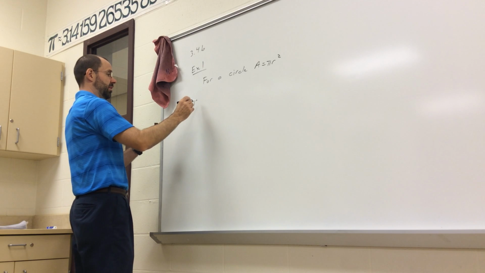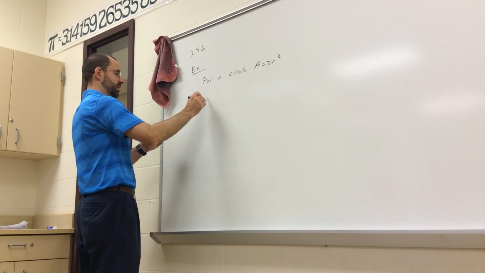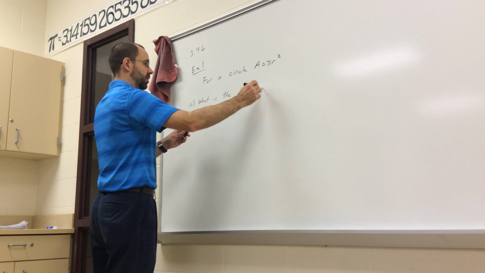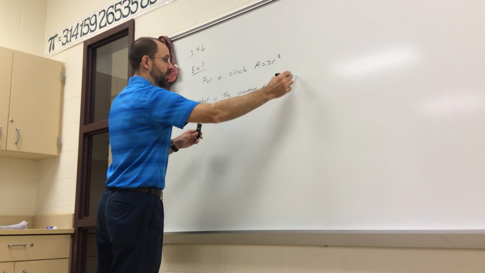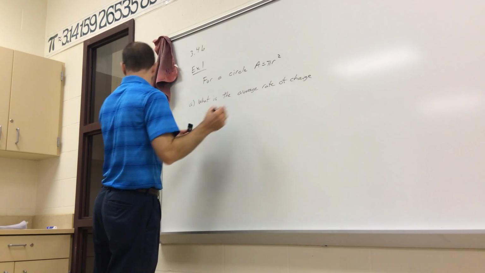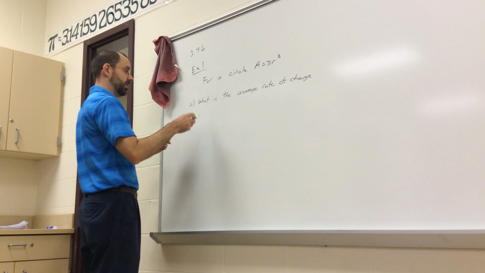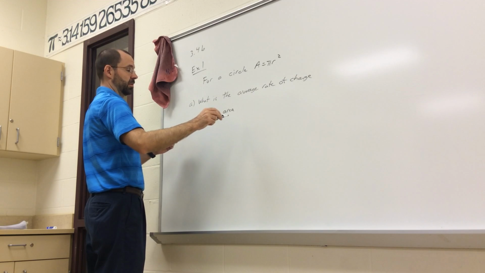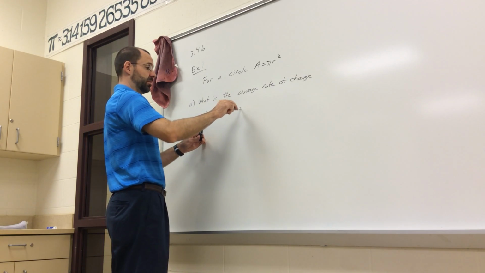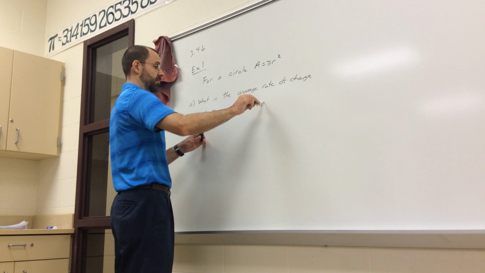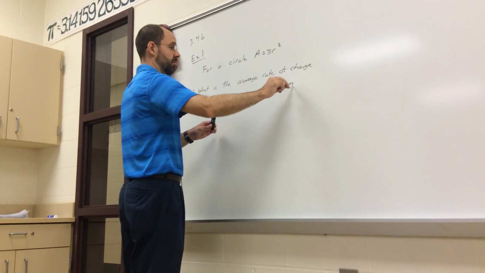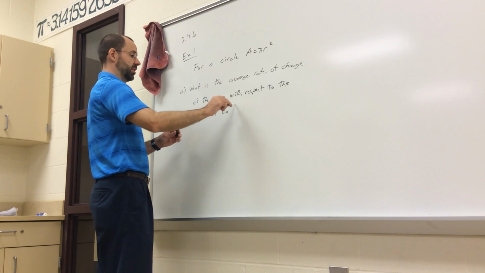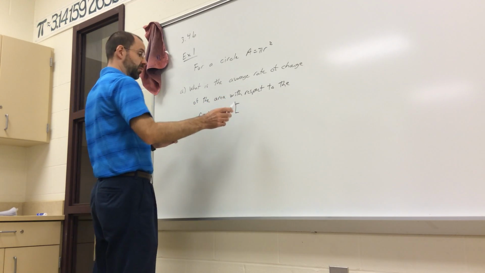So for part A, I'm going to ask what is the average rate of change of the area with respect to the radius on the interval 2, 4?